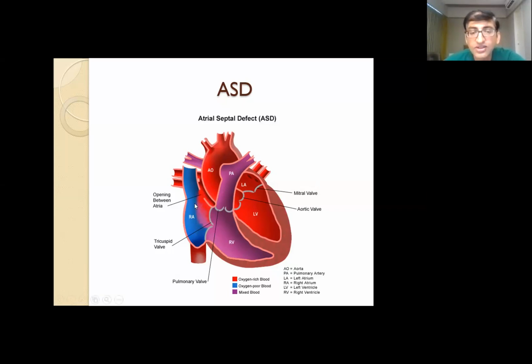There will be dilatation of the right side of the heart. The right atrium and the right ventricle will dilate. So any shunt which is above the level of the tricuspid valve, either ASD or PAPVC or any other anomalous channel opening into the SVC or the right atrium, will cause right heart dilatation.